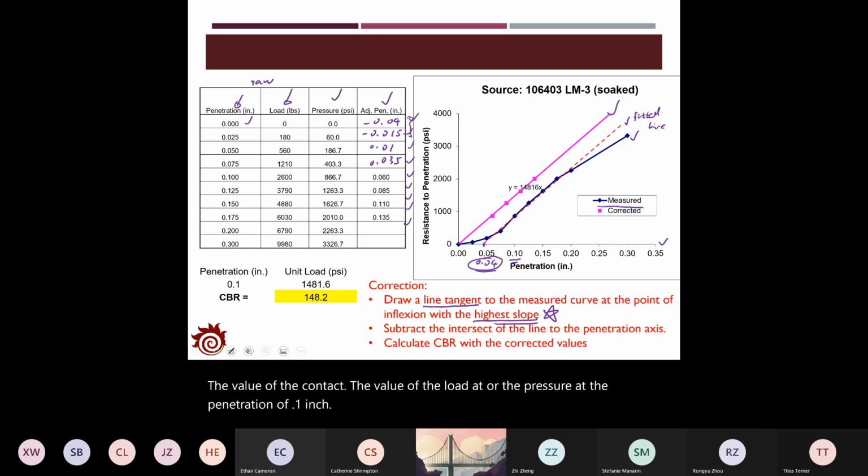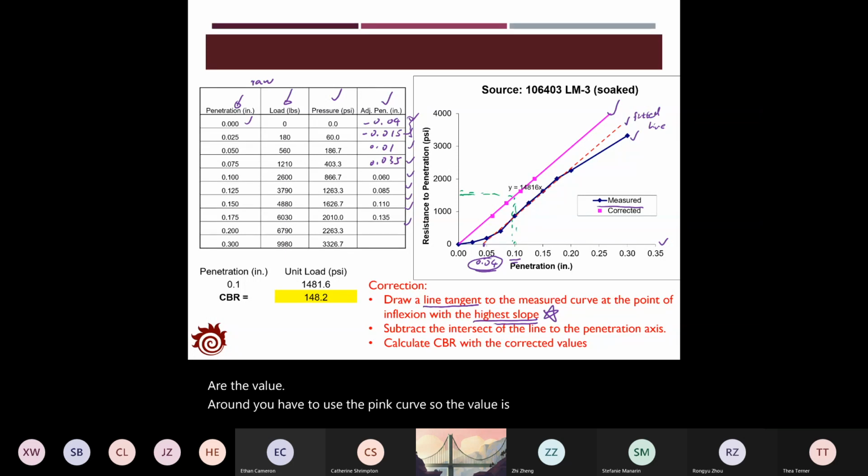So you have to use the pink curve. I cannot get that one exactly, but in this case, you get the value as 1481.6 psi, and you can then calculate the CBR.